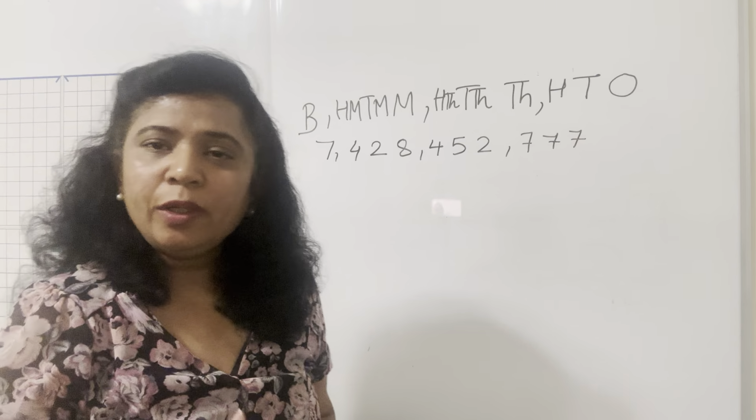These are two numbers I want you to compare. So how will you compare? You start from the left side and you go towards your right side. So you start comparing from left towards right.